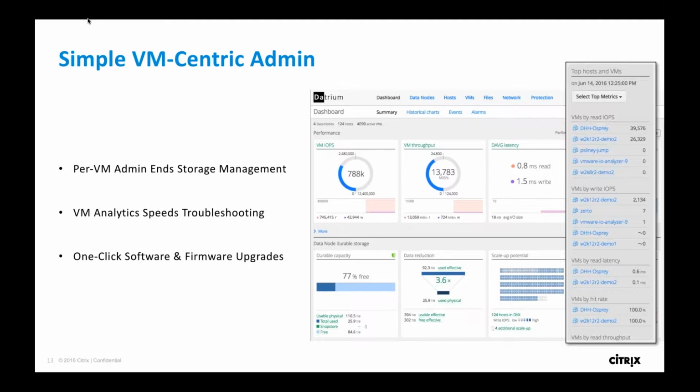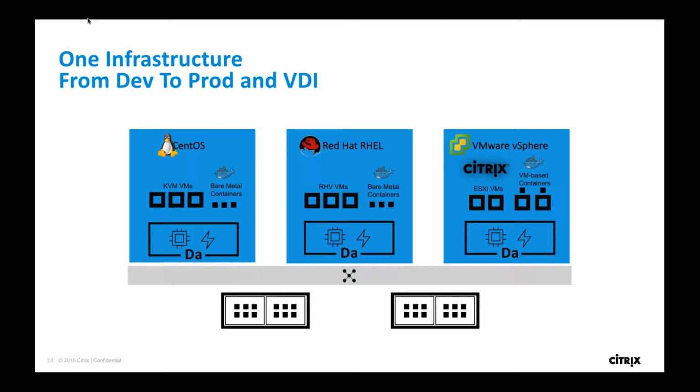Many customers ask me, can I use Datrium with my new compute nodes in my old environment, like my legacy SAN and my legacy servers? Yes, you can. You can coexist with your existing infrastructure, which is not the case with hyperconverged infrastructures where you need to sort of port everything into this new environment.